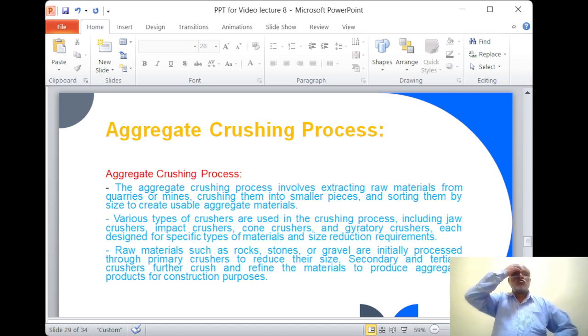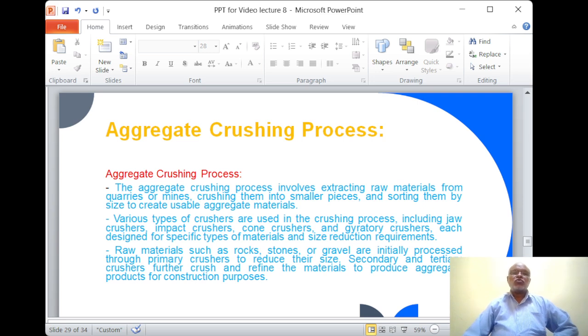The goal is to create different sizes of aggregates that are suitable for different construction applications. Throughout the crushing process, skilled workers monitor the machines to ensure that the aggregates are of the desired size and quality.